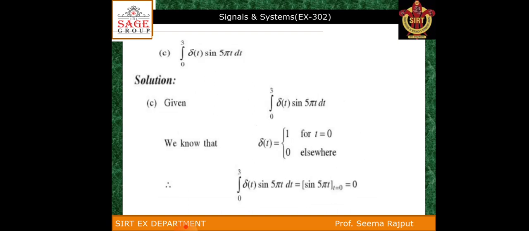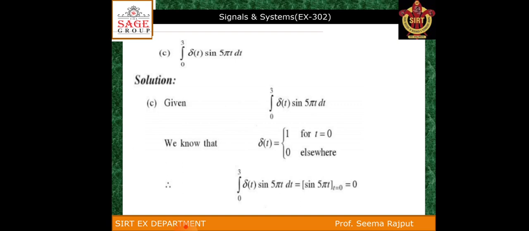Another example is integration from 0 to 3 of delta t sine 5 pi t dt. In that question, delta t is alone, meaning in place of t nothing is there, so delta t equals 1 for t equal to 0 and 0 elsewhere.